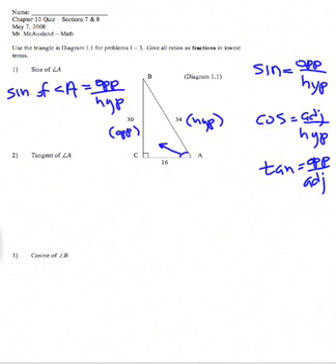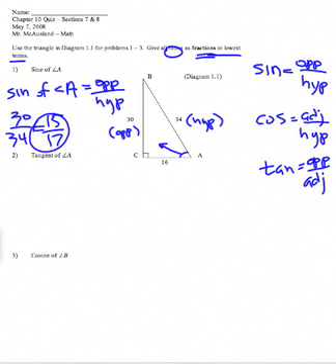So in this problem, it will be the opposite, which is 30 over the hypotenuse, which is 34. And because the directions say ratio as a fraction in lowest terms, I'm going to reduce it, dividing by 2 over 2, so we get 15 over 17 would be my answer.